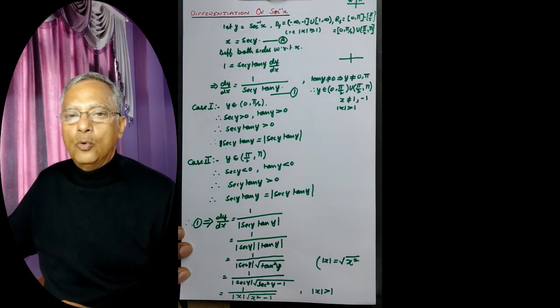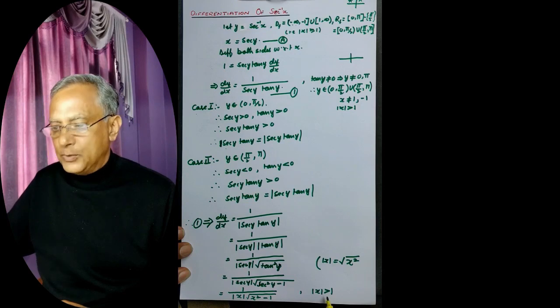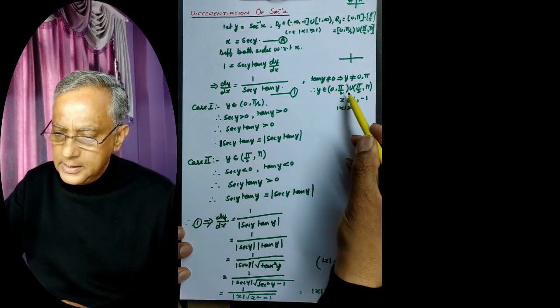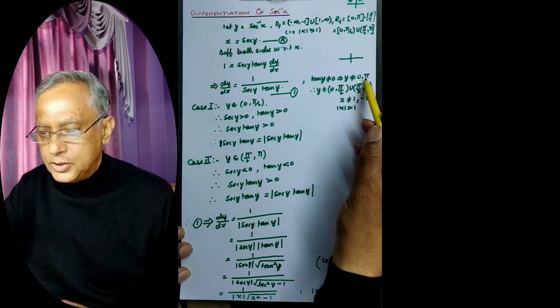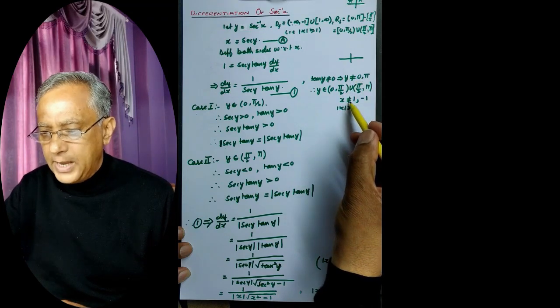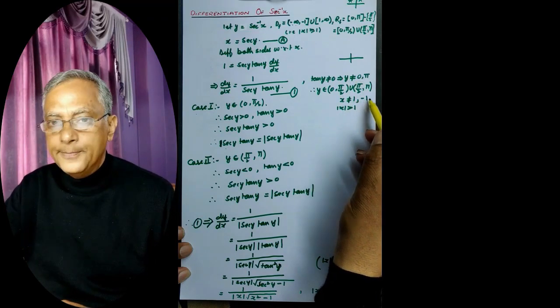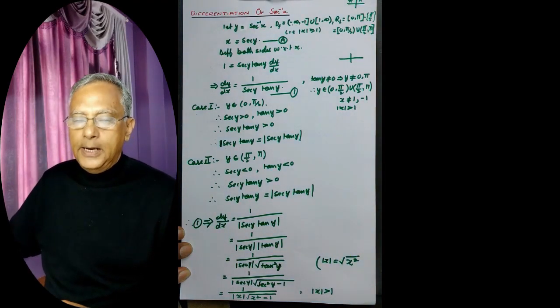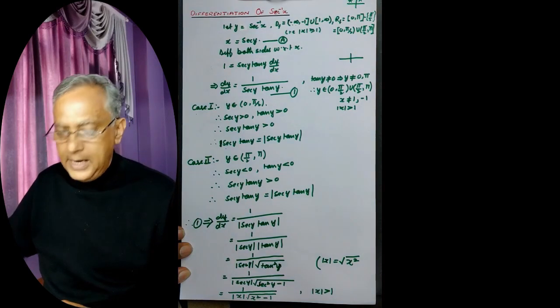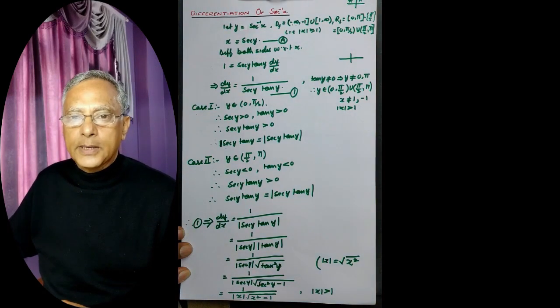You must note this. Because y belongs to this, y is not equal to 0 or pi, which means x is not equal to 1 or minus 1. So these 2 points must be deleted. So this is the differentiation of secant inverse x.